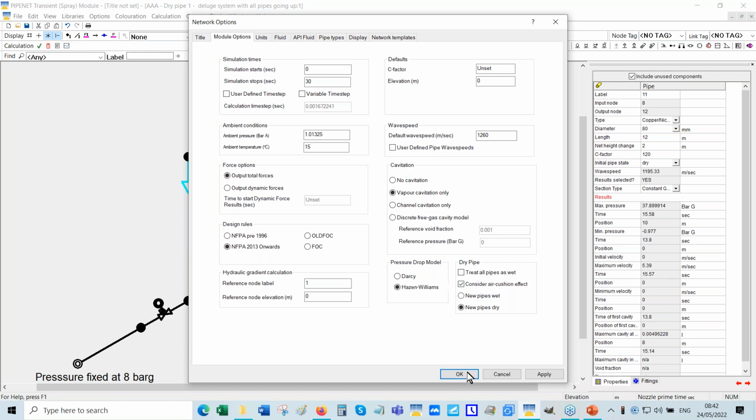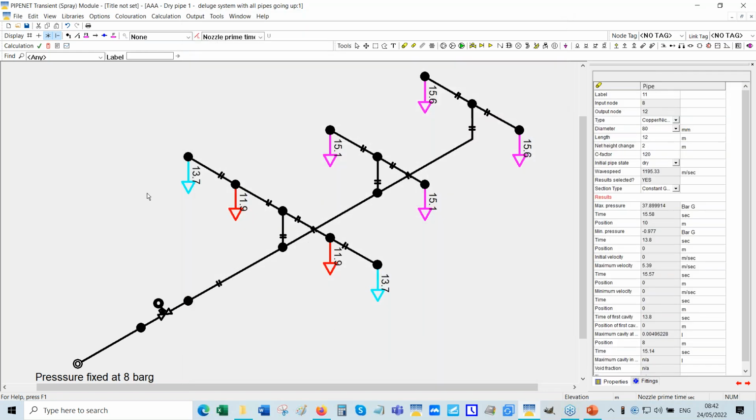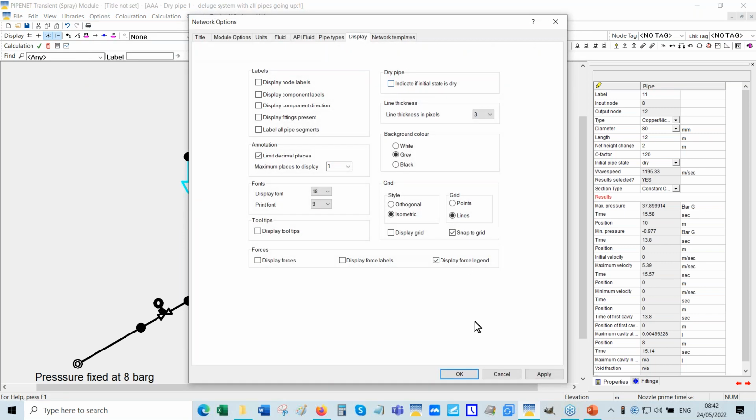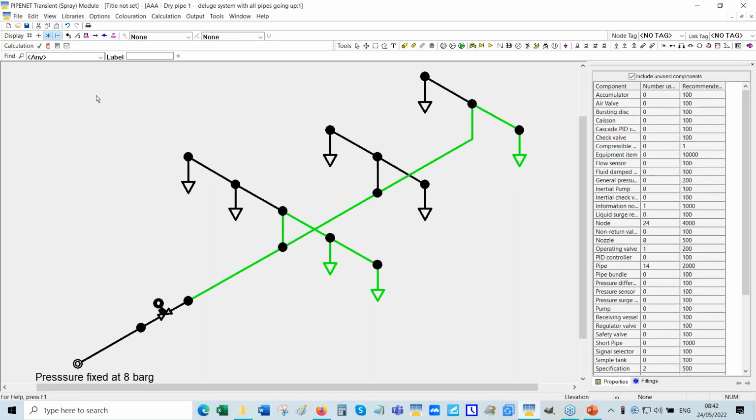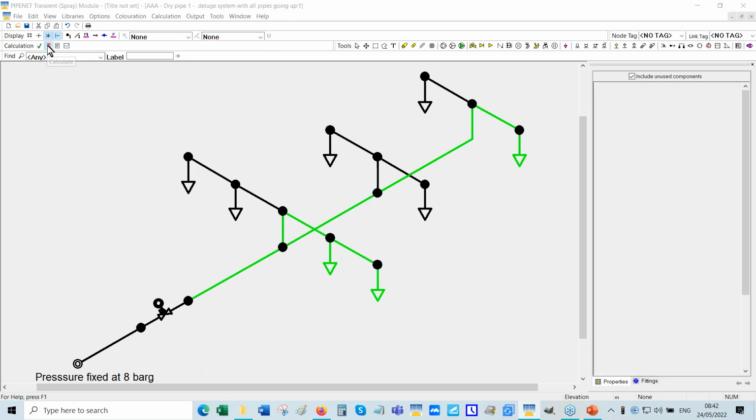So when I switch this on, it simply changes the dry pipe model to dry pipe 2. So remove that to make this a little bit clearer. So I'm going to run this.